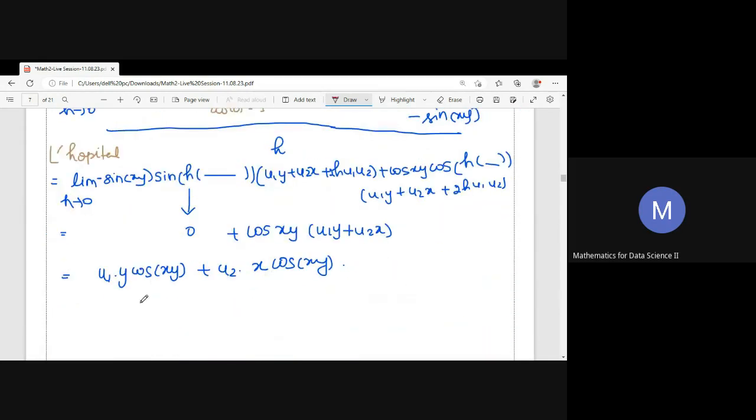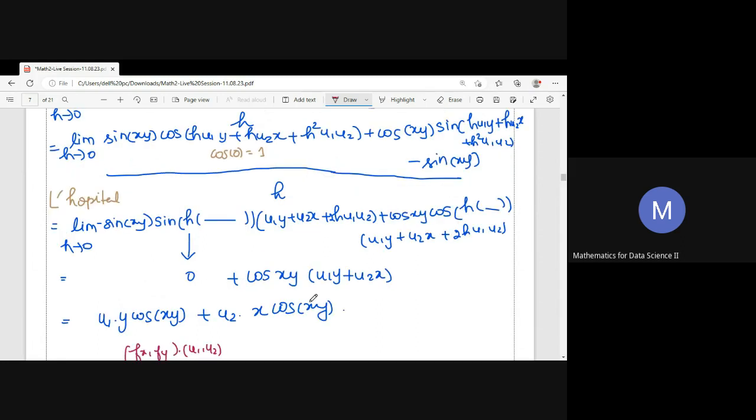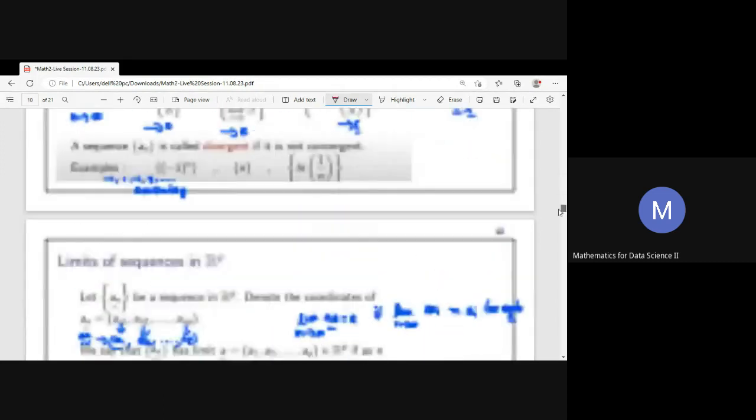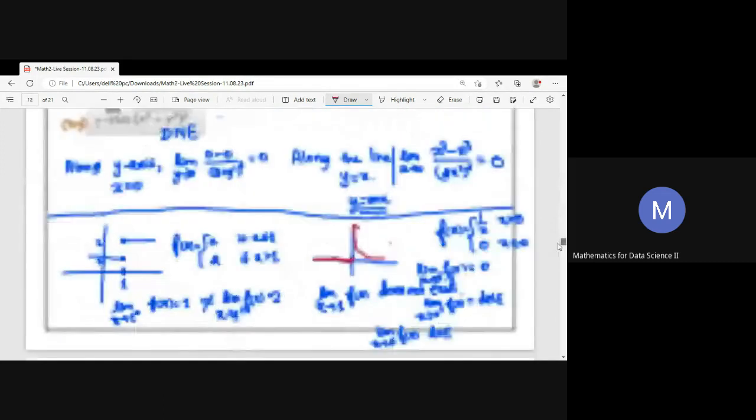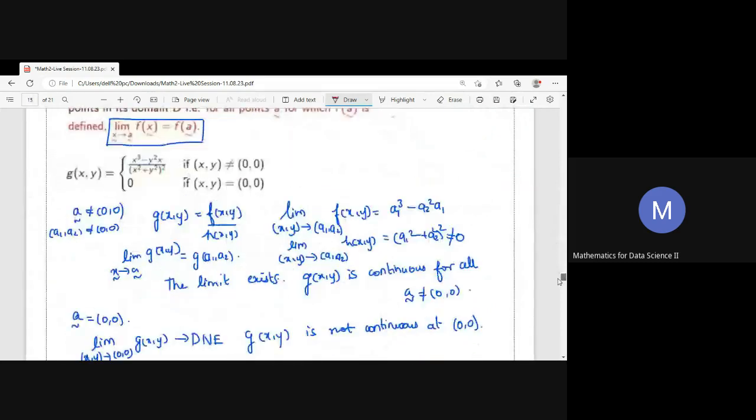Now what is the dot product of fx comma fy with u1, u2? You get the same answer. So this is a shortcut for finding the directional derivative, and there is a specific name for this vector: it is called the gradient function. That is what we are going to see here.